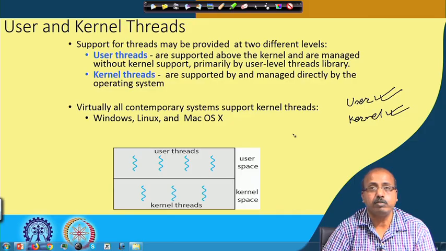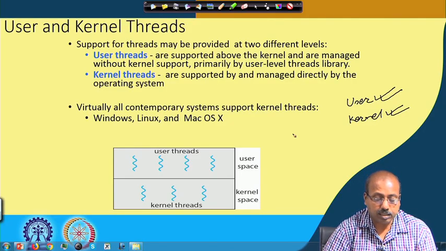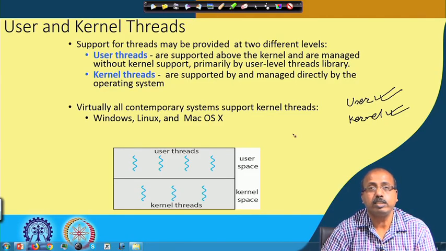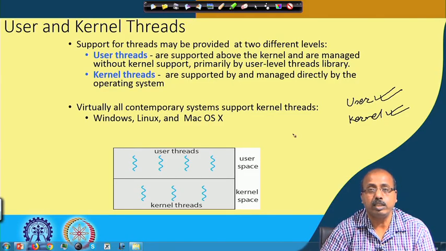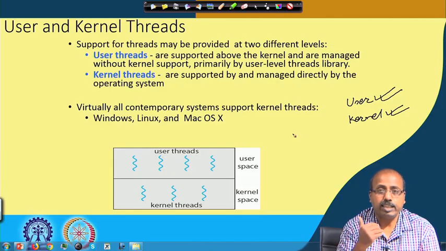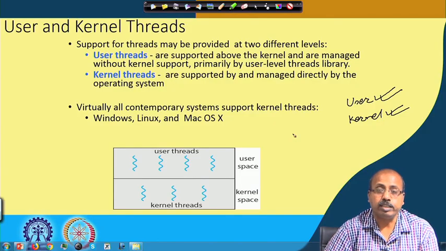That much is sufficient. But at the implementation level, the designer may have multiple threads in the kernel, and when a particular system call is called, it is mapped onto the kernel level threads. At user level, it is handled by thread libraries. At kernel level, it is handled by the operating system.